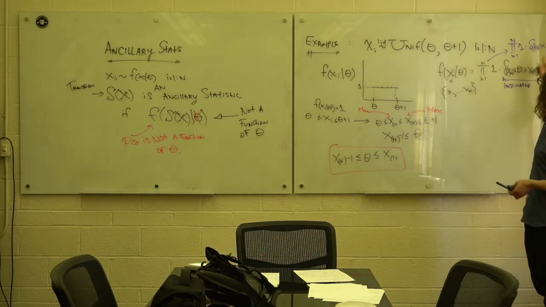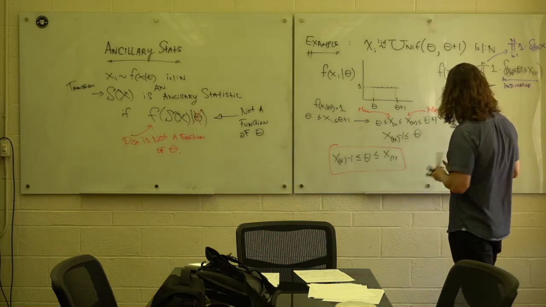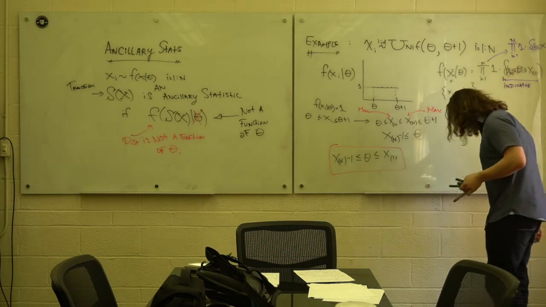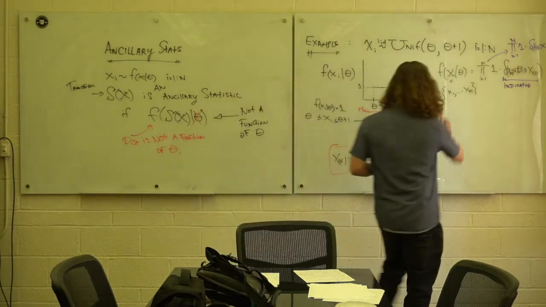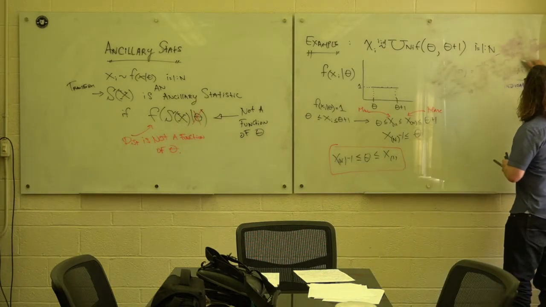So that's an indicator function saying that those xi's are bounded. Let me just rewrite that since it looks a little bit messy. So let me take another whack at this. Probably should just do it in order.